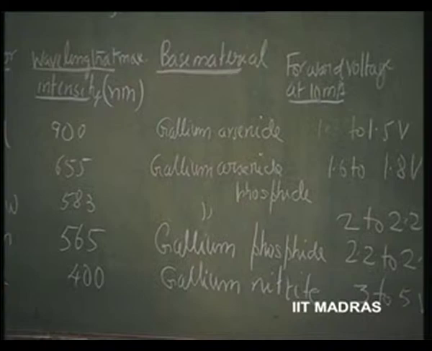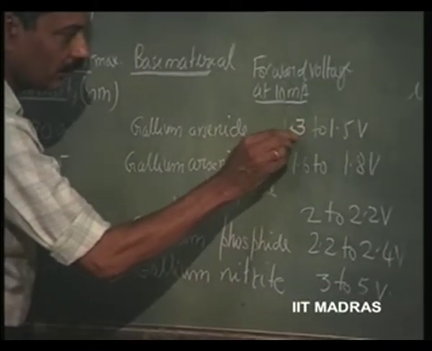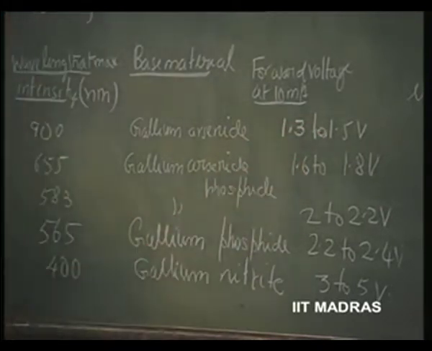And the typical forward bias voltage. Now, please compare this with the forward bias voltage of a silicon diode, which is of the order of 0.5 to 0.7 we said, at currents of the order of milliamperes. Gradually it might become 0.8 to 1 as it goes to higher currents.